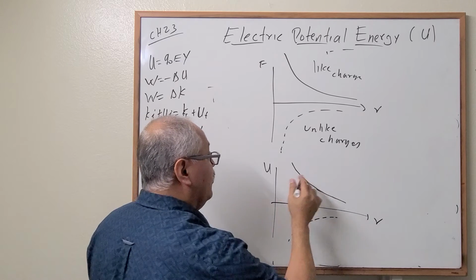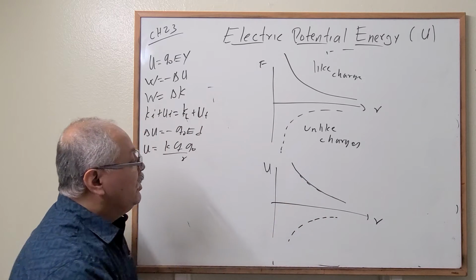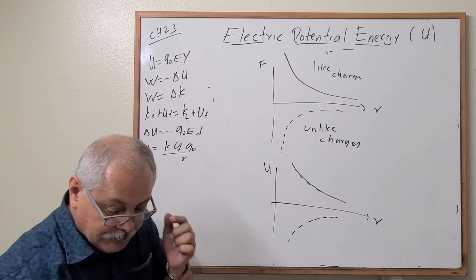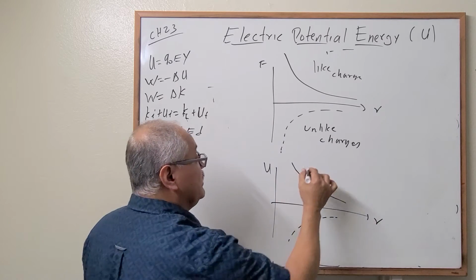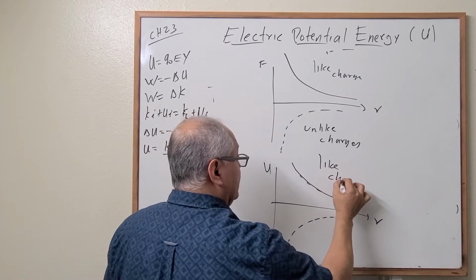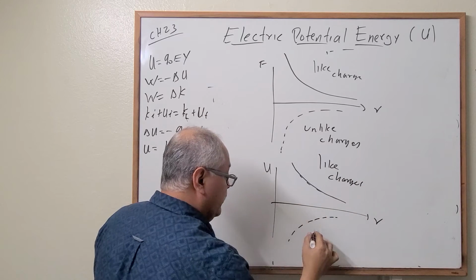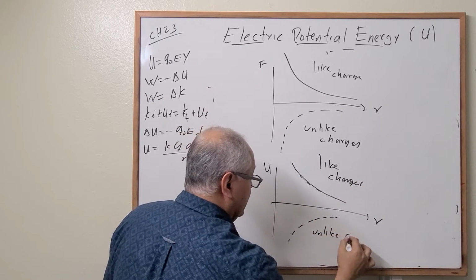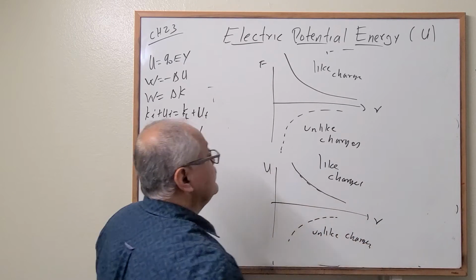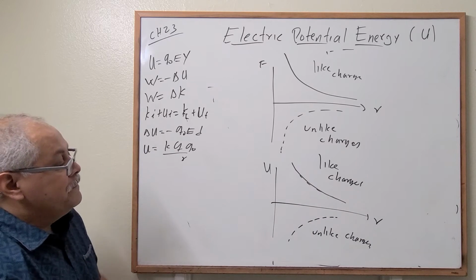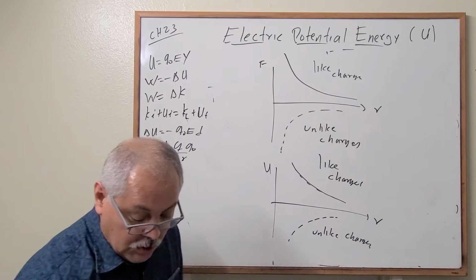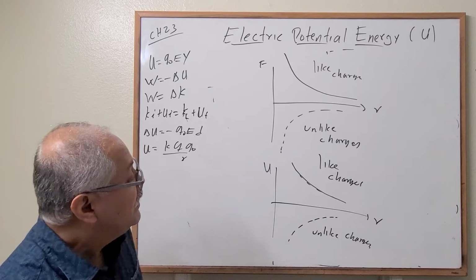This is for potential energy for like charges, and this is for unlike charges. See, compare these two graphs.